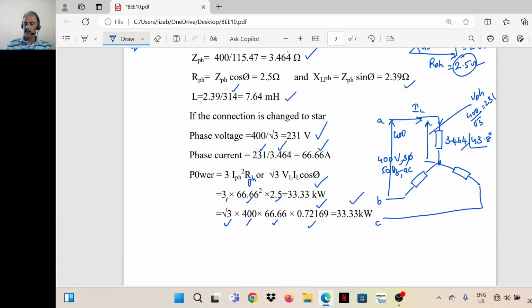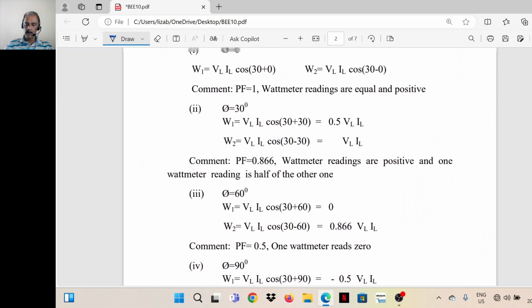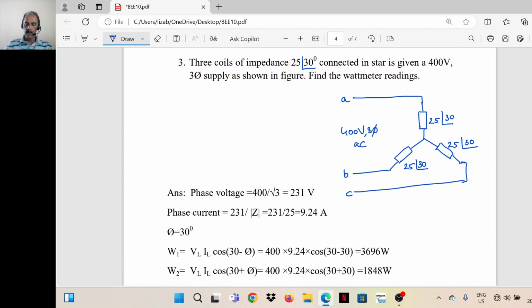Now next, three coils of impedance 25 angle 30 are connected in star and given a 400 volt three-phase supply. Find the wattmeter readings. We have to assume that there are two wattmeters, one connected here, another one here, with M, L, C, V terminals.